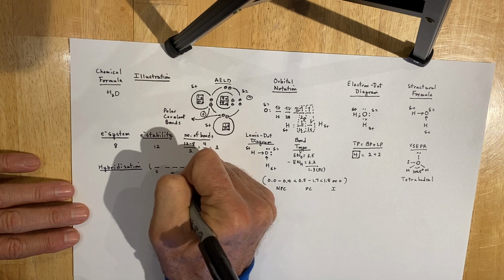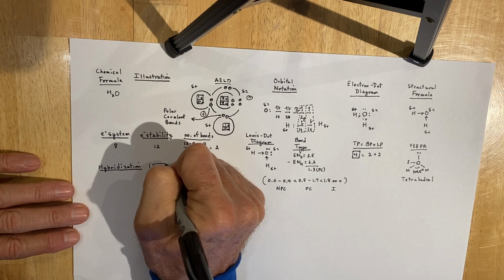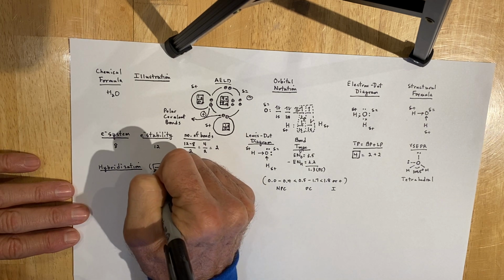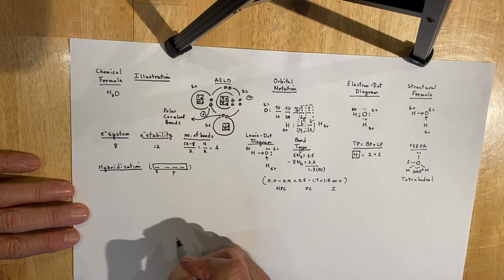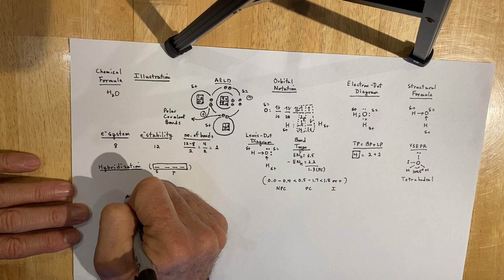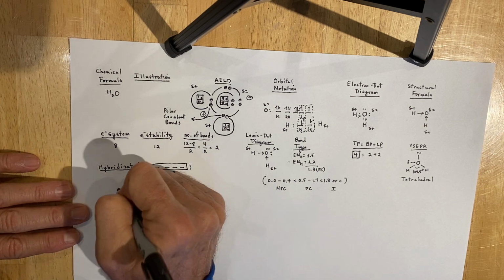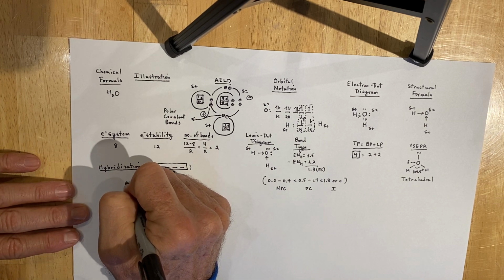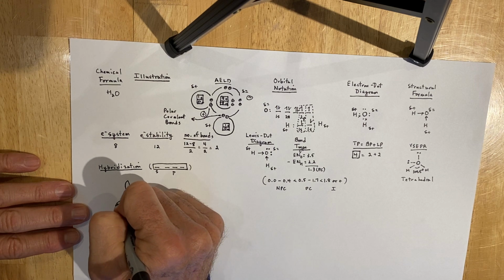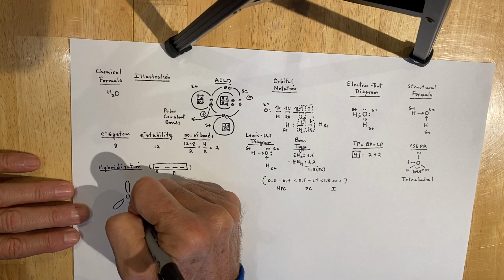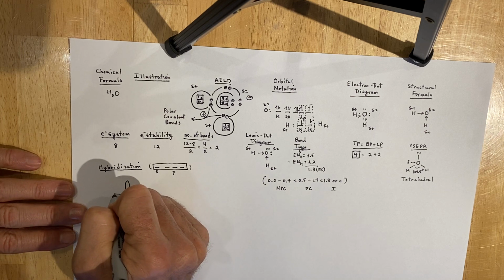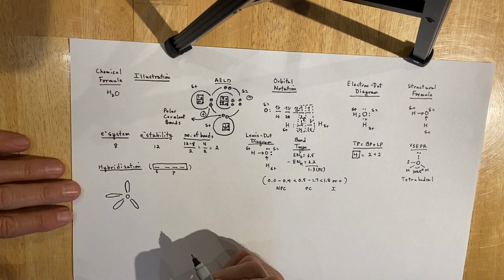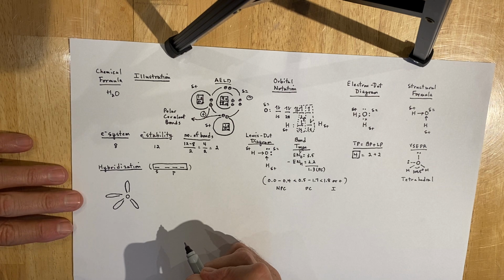But what it also predicts for us is that to explain how 4 pairs of electrons arrange themselves, we say that an S overlaps with 3 P's to create 4 equivalent hybridized orbitals. So when we think about this, we're going to illustrate oxygen, and we're going to draw 4 equivalent hybridized orbitals, which are known as sp3 hybridized orbitals.